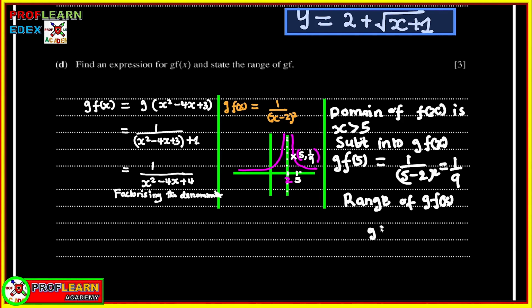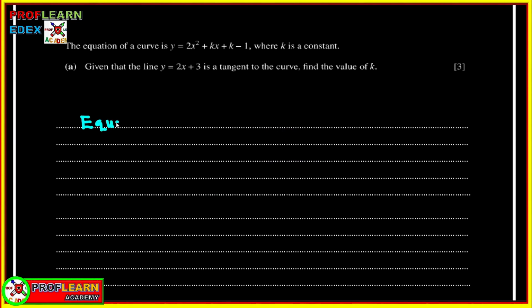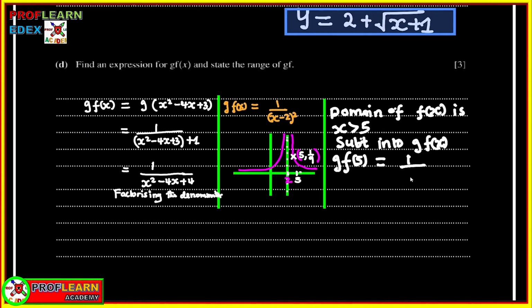So the range in that case, if you substitute, you are going to get 0. So the range of g f of x is going to be what? If we substitute here, we are going to have from 0 all the way to 1 over 9.